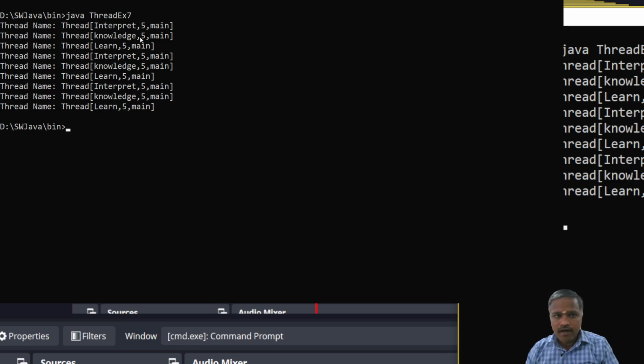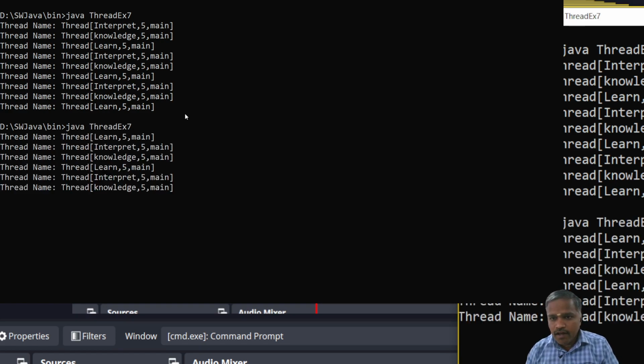So based upon that, we are allotting the CPU to whichever thread comes first or second. Once the CPU is idle, it will be allotted to any thread. I am compiling and running for the second time. You see, now learn comes first.